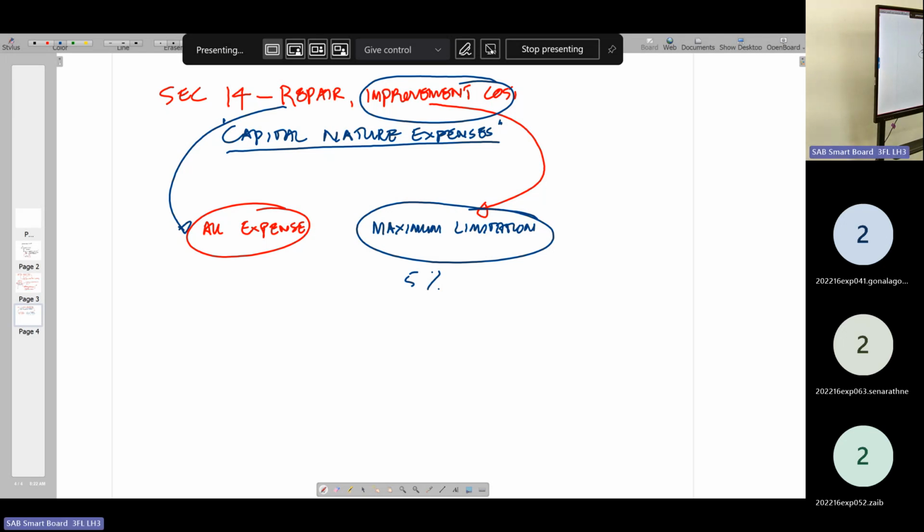Any other class of asset? 20%. If there is an excess amount, the amount in excess of the maximum limitation, what can we do?